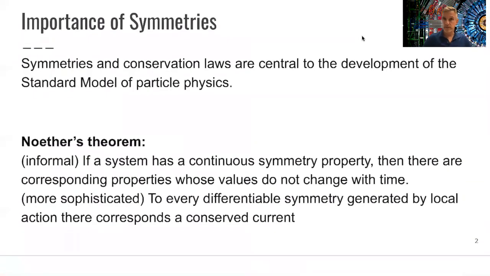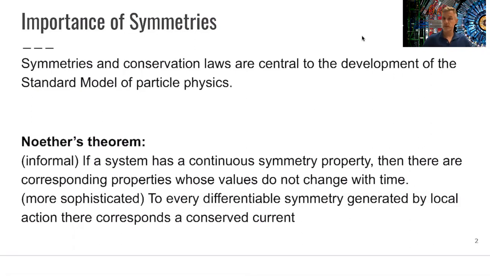The importance of symmetries cannot be understated in physics. And there are two aspects which are important. The first one is that symmetries and conservation laws go hand in hand, as discussed by Noether's theorem. To express the theorem in an informal way, you can say that if a system has a continuous symmetry property, then there are corresponding properties whose values do not change with time, meaning that they are conserved.